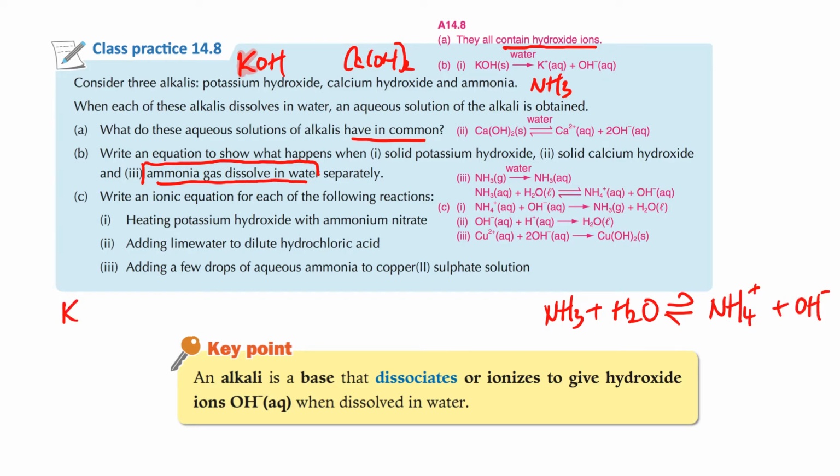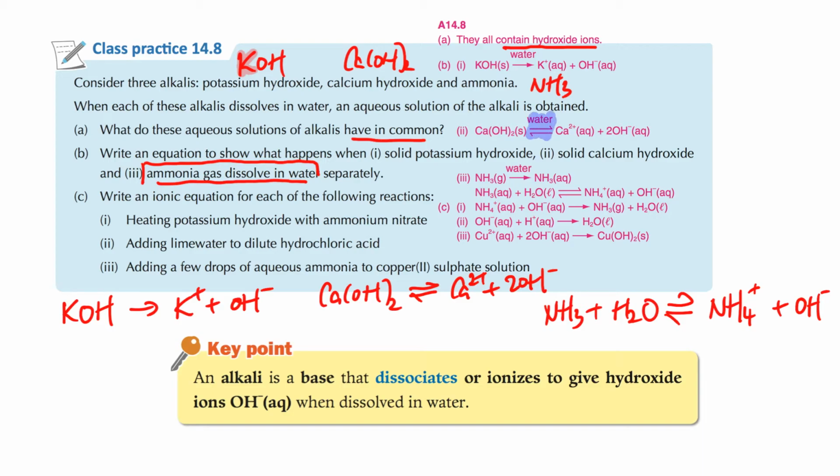While the other one, there will be KOH become K plus OH minus. Calcium hydroxide, remember, breaking up, you have 2 hydroxide ions. As calcium hydroxide is slightly soluble, you may also want to write this arrow as a reversible arrow. It will be all right. So you can see that we have a reversible arrow for this as well.